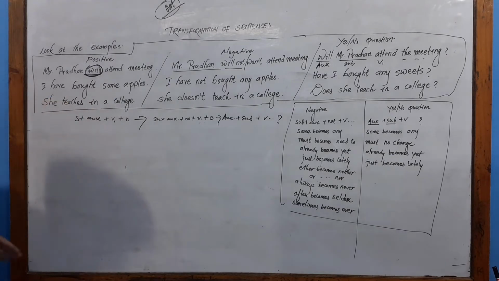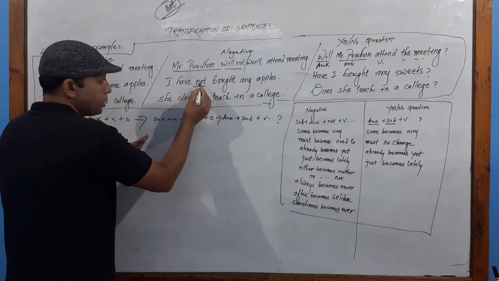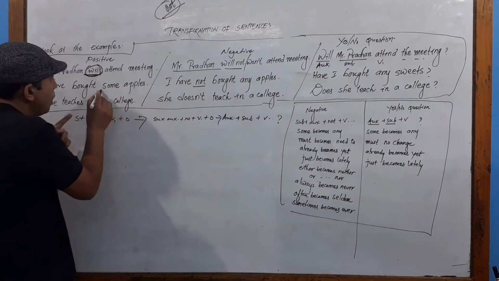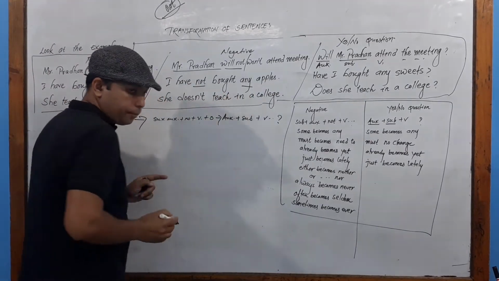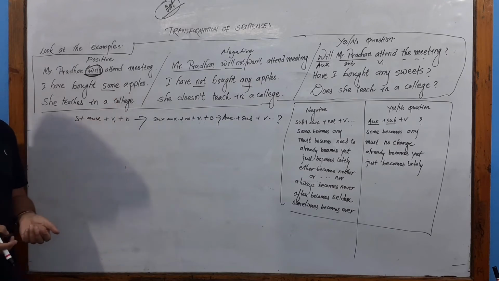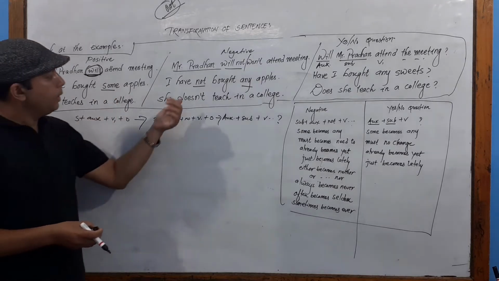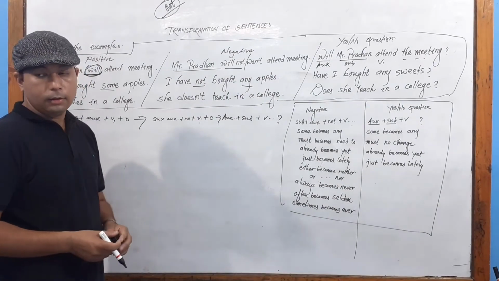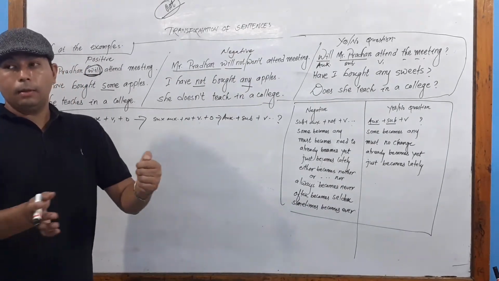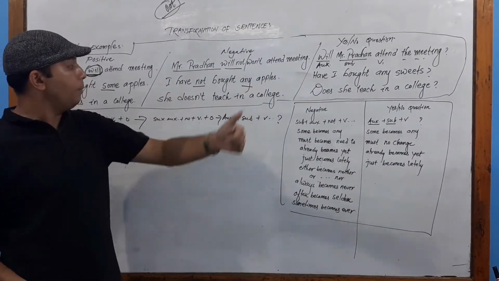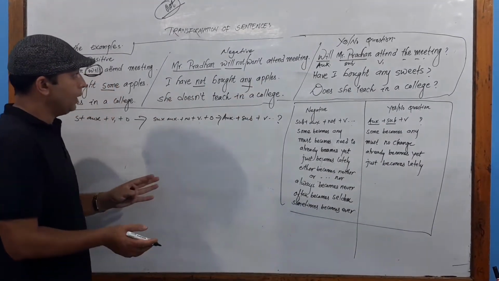Some changes are here. Not is, as I have already told you, used here. But some is changed into any. मैले केही एप्पल किने, मैले कुनै एप्पल पनि किनिन. सो केही हुँदैन, मैले केही एप्पल किनिन भन्ने हुँदैन, मैले एउटा पनि किनिन भन्न खोजेको. So I have not bought any apples here.